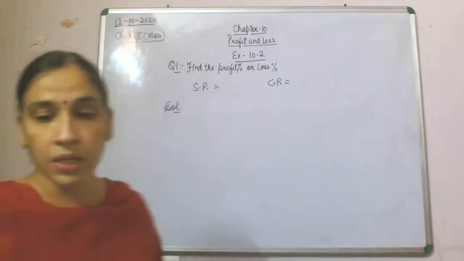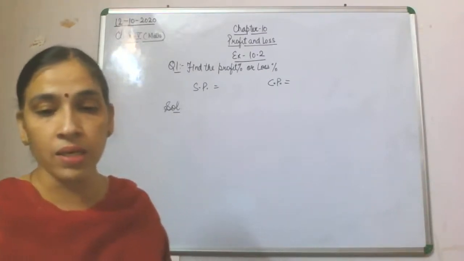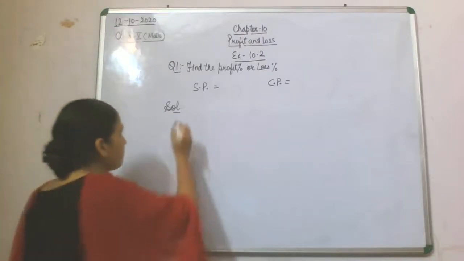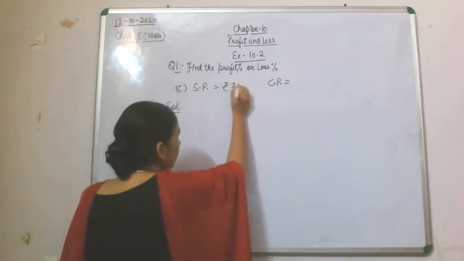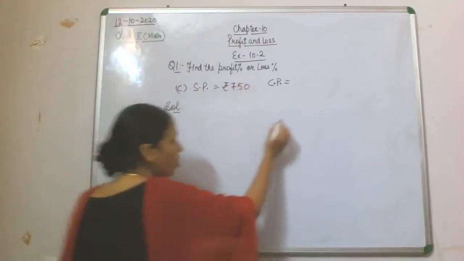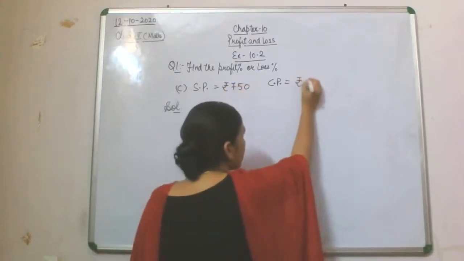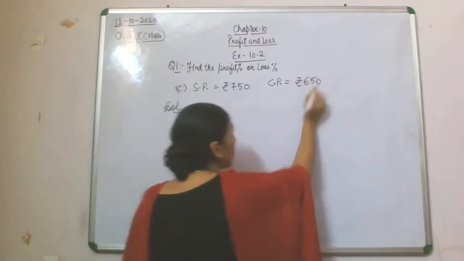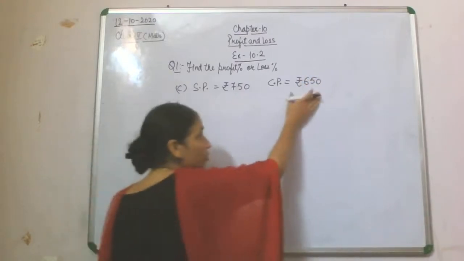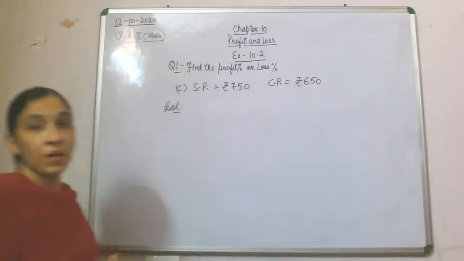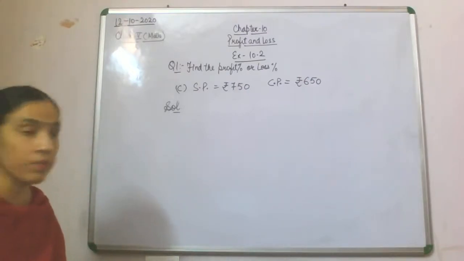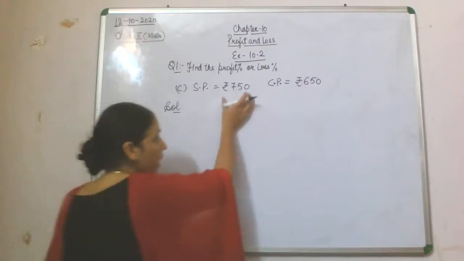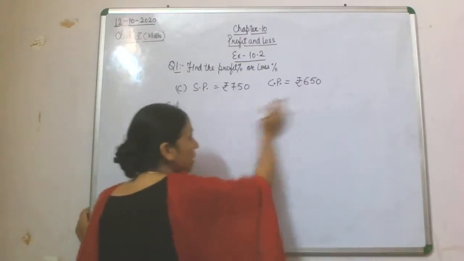Now C part is selling price is rupees 750 and cost price is rupees 650. Can you see these values and find out whether you are getting a loss or a profit?